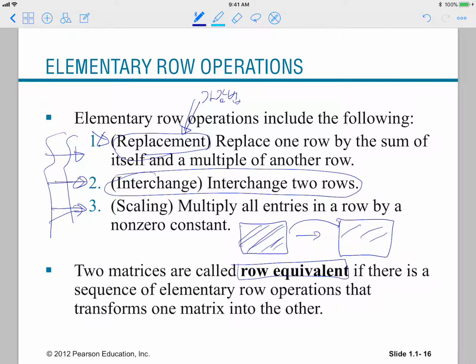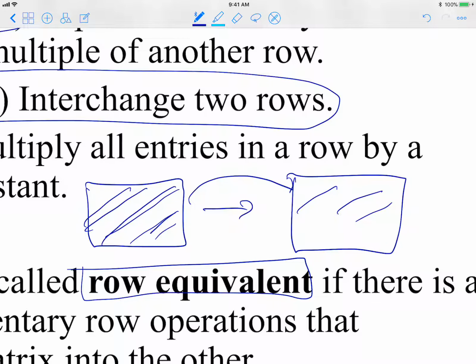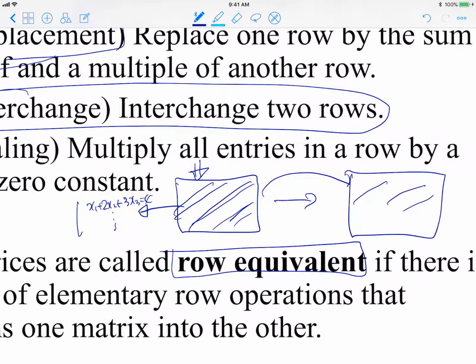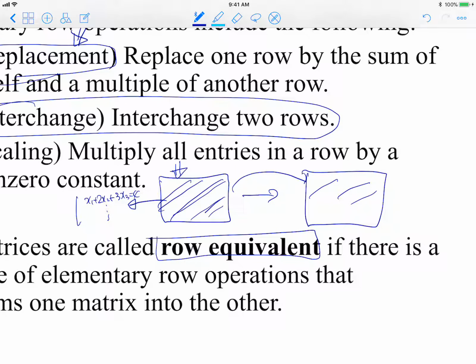Okay, and then we can think of the corresponding linear system, right? So this one will be the augmented matrix of some linear system of maybe x1 plus x2, 2x2, maybe 3x3 equals 4, and so on. And then suppose we also think about the linear system of this augmented matrix.